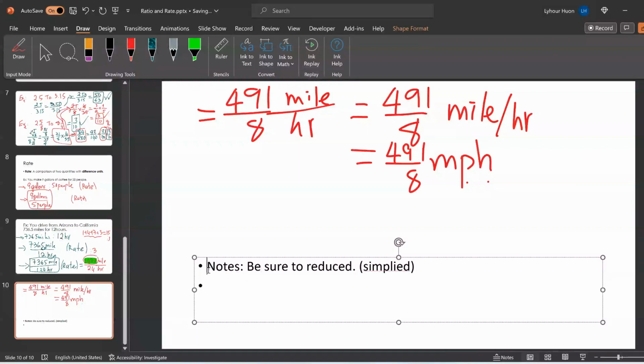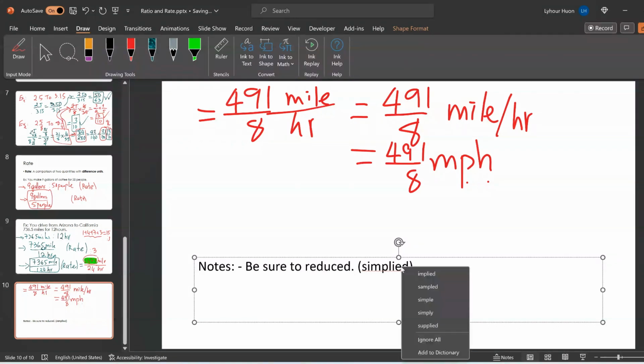Okay, so note that when it comes to rate, be sure that it is reduced, meaning it's simplified. What is simplify? Simplify, yes.